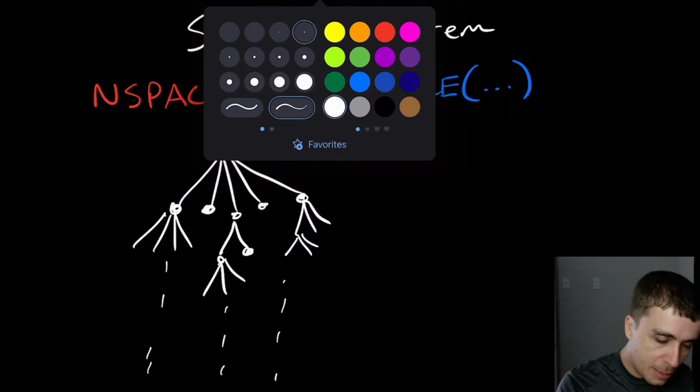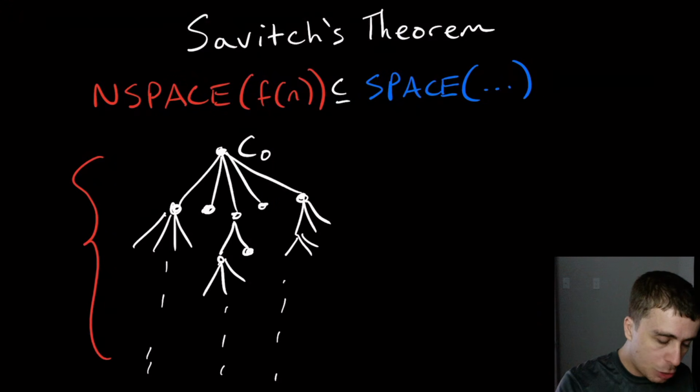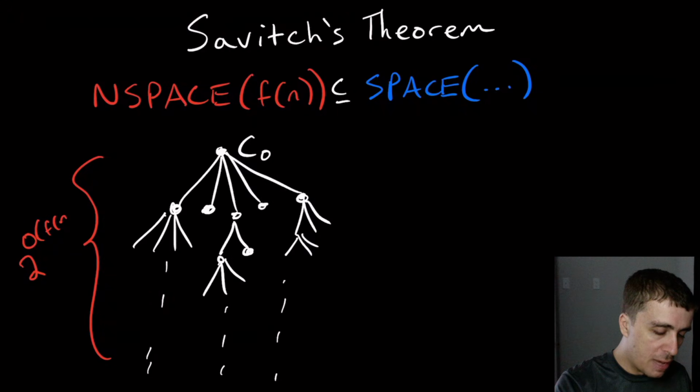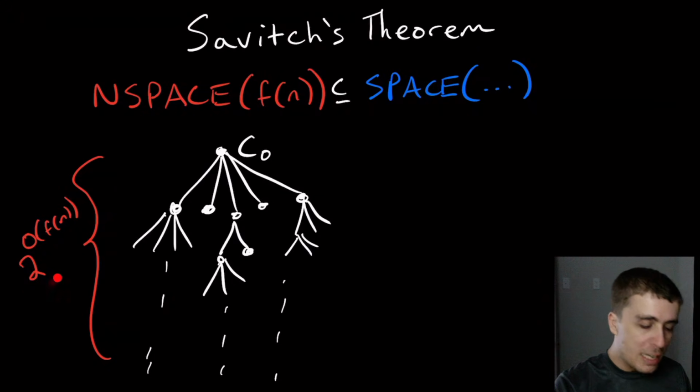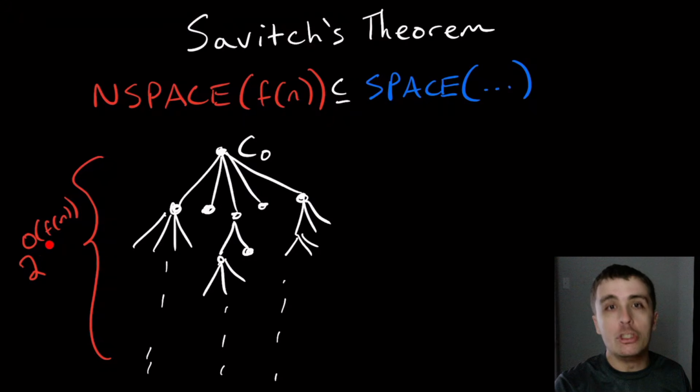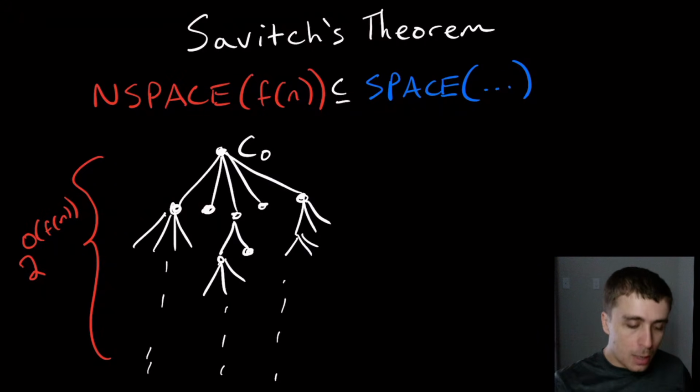So the depth of this tree could be 2 to the power big O of f of n. If you needed a bigger base, you just increase the constant up here, and that'll be enough. So we could just try all possible things that we could do at each one of these points.